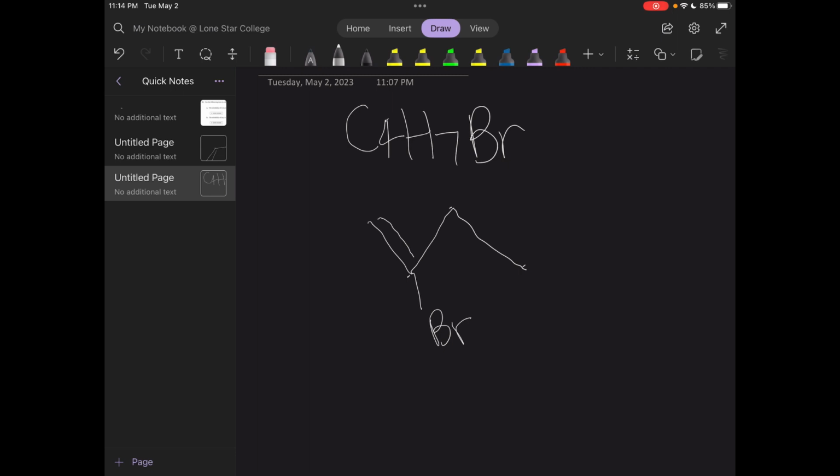The name of this would be, let me start off with the name. So this is a carbon chain with a branch on two. Could be 1, 2, 3, 4, or 1, 2, 3. It's obviously going to be 1, 2, 3, 4 because you don't want the bromo on 3.